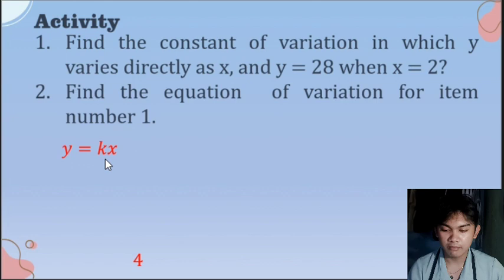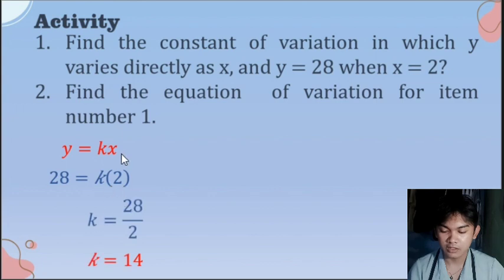Since the values for y and x are already given, we substitute the y with 28 and x with 2. To get the value for k, we have to divide both sides by 2 to eliminate the 2 here. So 2 divided by 2, cancel that. So 28 divided by 2 is equal to 14. So we have the value for k, or the constant of variation, which is 14.